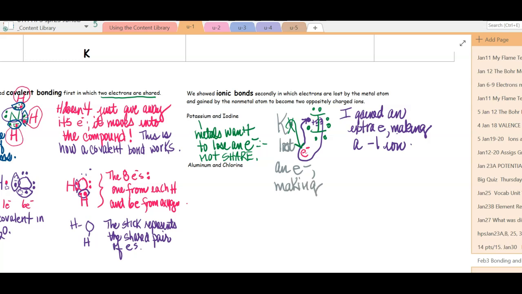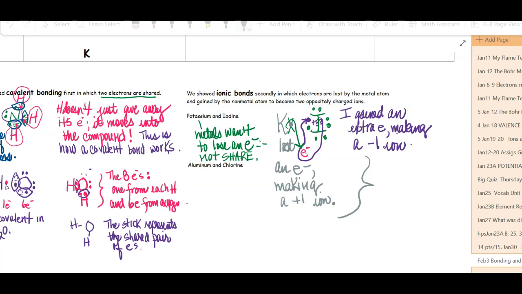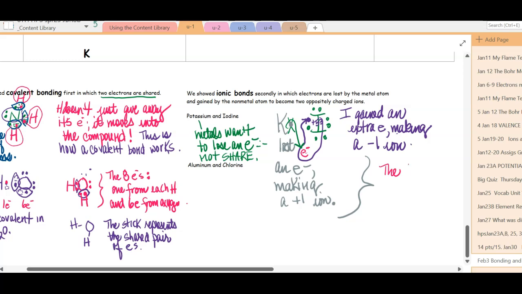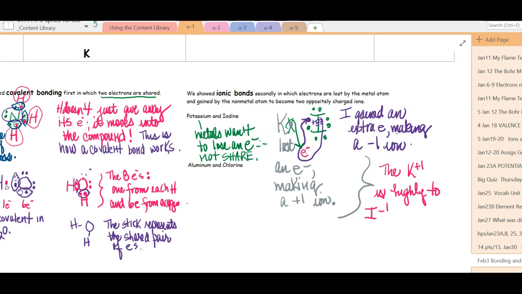So ionic bonds are about ions. And the key here is that the K+1 is highly attracted to the iodine -1 ion. Highly attracted.